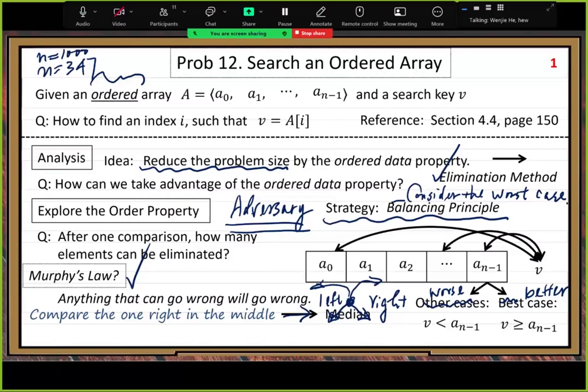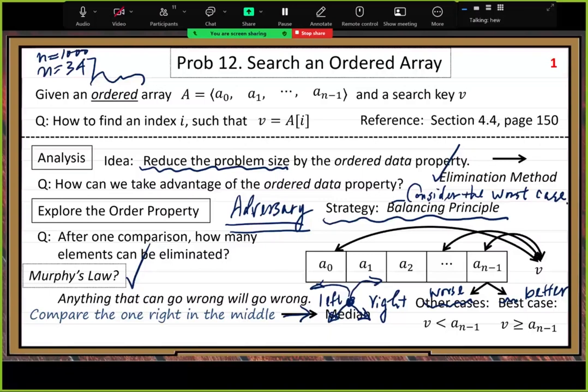When we have a chance to distribute our data, here we compare the point in the middle. That middle point splits the data into two halves, right? That's the way to distribute the data. So the balancing principle tells us that when you have a chance to split your data, you should choose the most balanced way to split the data.